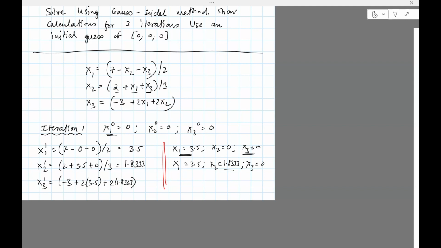Okay, that comes out to be 7.6667. Okay, so that was just iteration 1. It's not too bad, right? So just a little bit of crunching numbers.